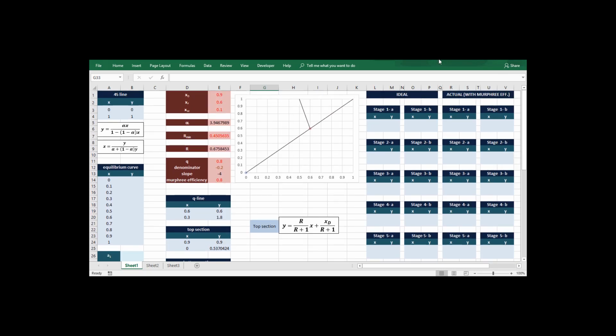And then I will plot these values. So this is what the graph looks like after adding the top section.